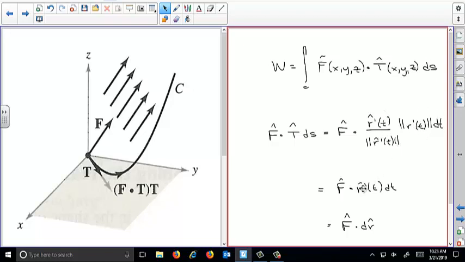Those cancel out, so you get the force vector dotted with the derivative of the position vector times dt, and we can call that a dr vector. It's a differential of the position vector.